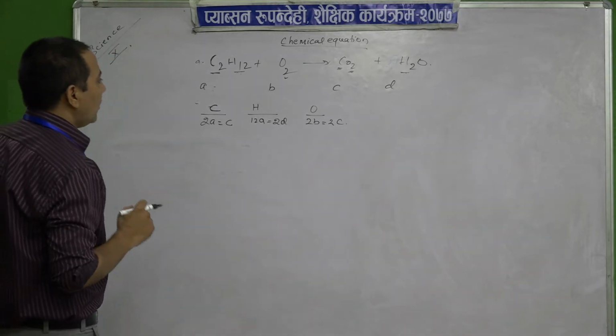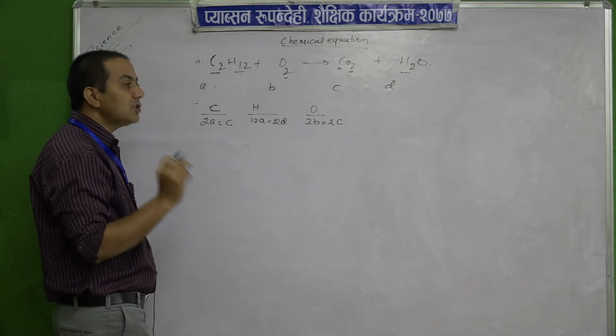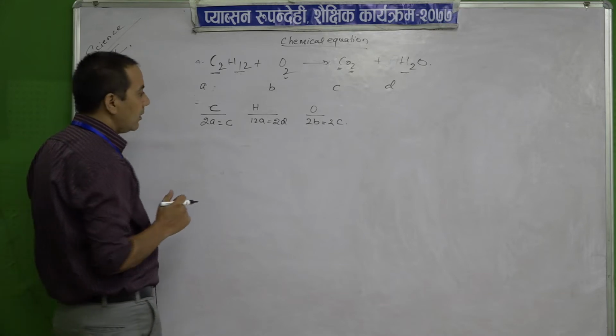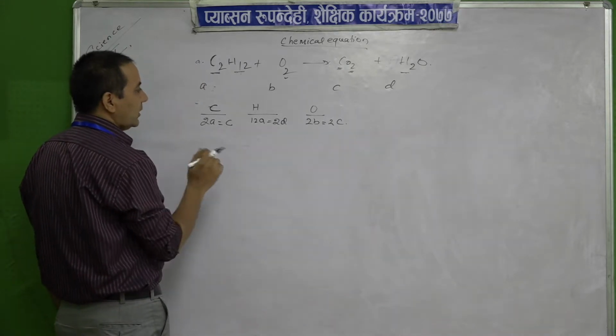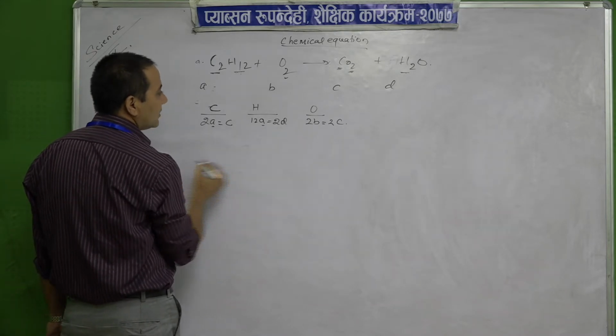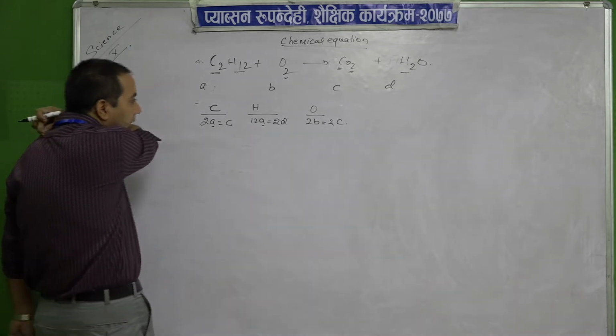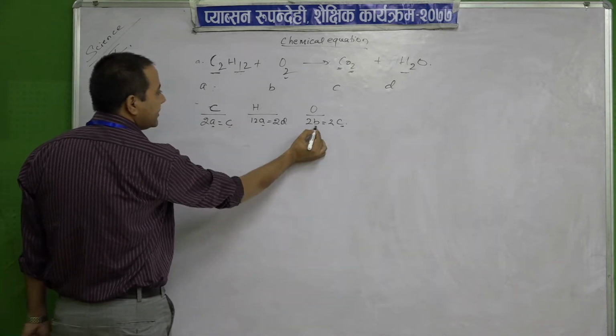Now we have to take the alphabet which is repeated most often in the equations. If we see here, A is repeated 2 times, D single, C 2 times, B single.